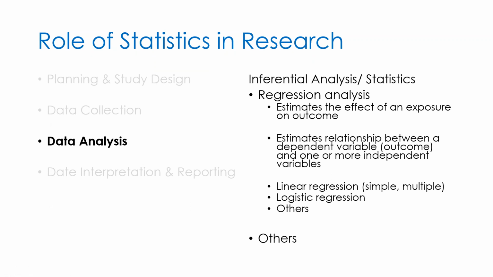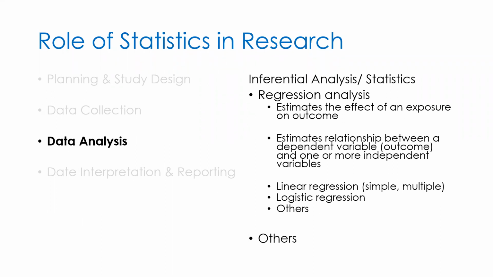Now, another type of inferential statistics that you may need is regression analysis. The main thing about regression is that it tries to estimate the effects of an exposure on an outcome. And what that means is that it's trying to estimate the relationship between a dependent variable and independent variables.